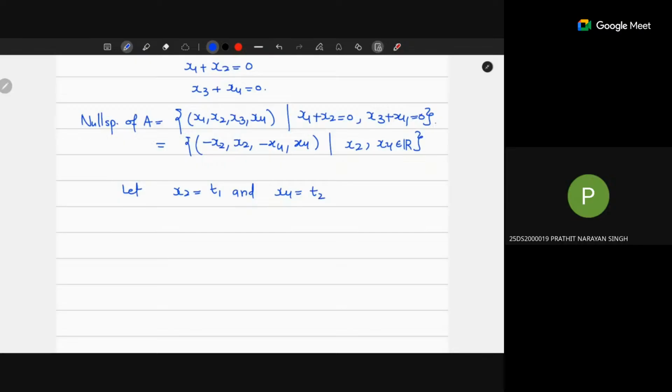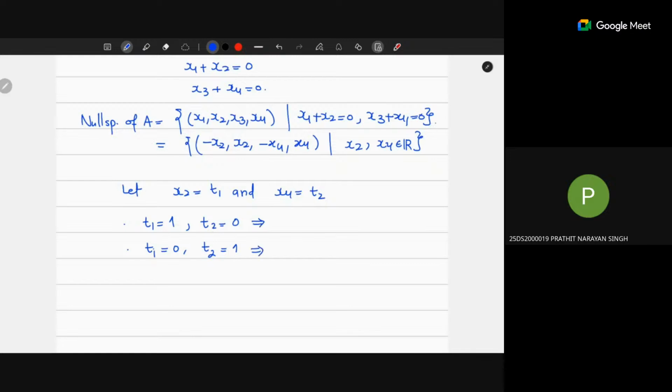In order to find the basis, we first take t1 equal to 1, t2 equal to 0, and then t1 equal to 0 and t2 equal to 1.